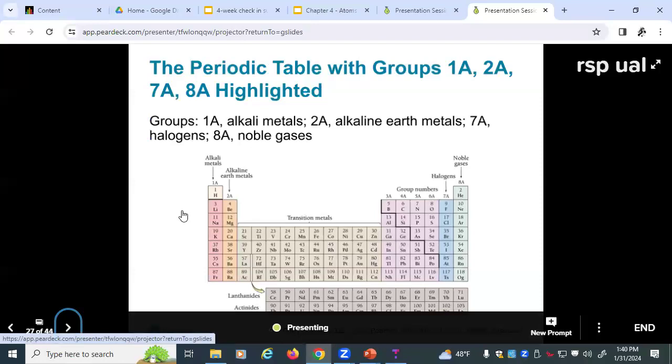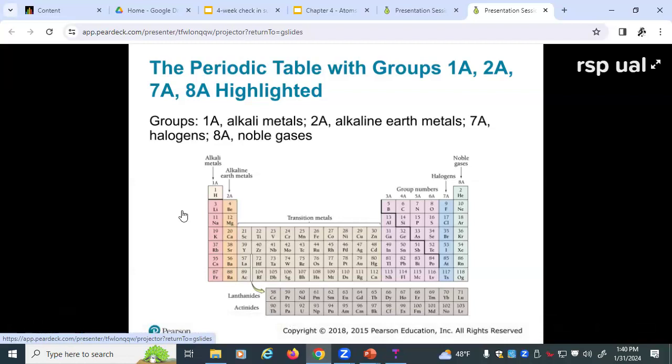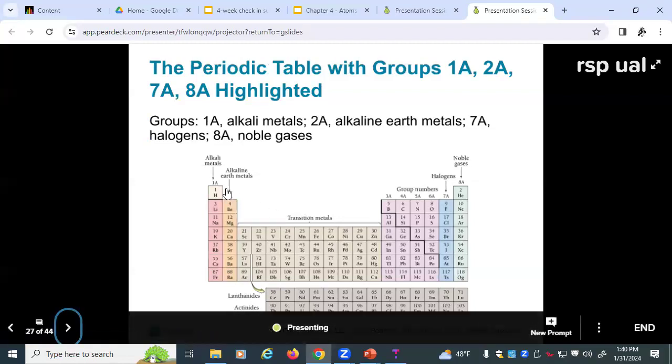Speaking of, I want you to highlight 4 different main groups. So in group 1A, these are known as alkali metals.